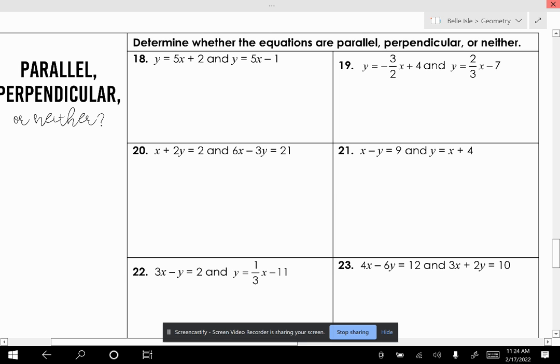Let's just look at number 18. This one's pretty simple. We've got two equations, both in what form? Slope-intercept form. Kofi, what is the slope of that first equation in 18? Number 18 should be your third. Both are 5/1.